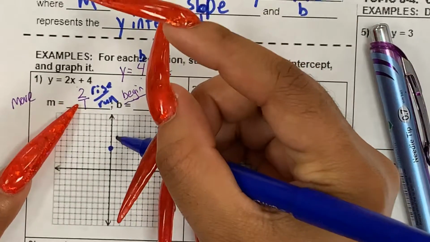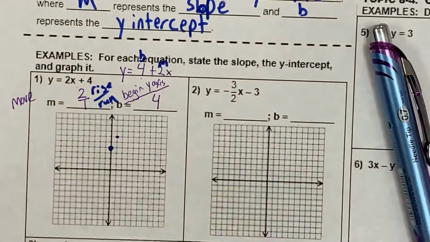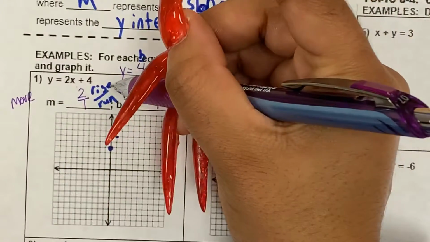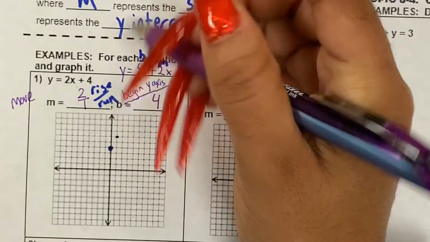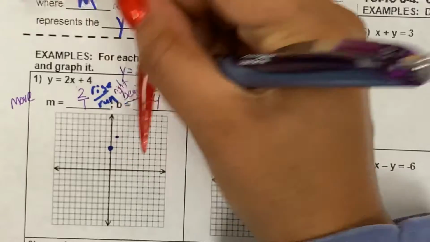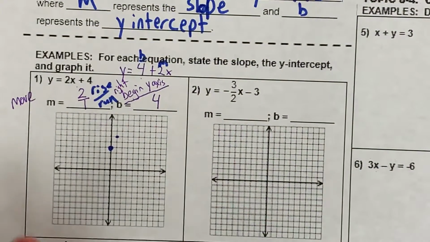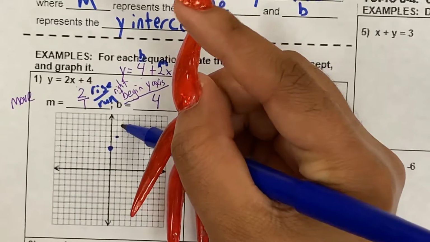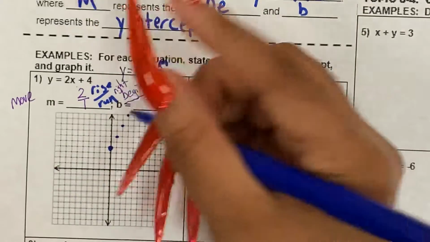Now, when you run, you always start by going right. So rise and then run to the right. So I rise 2, right 1. Rise 2, right 1.